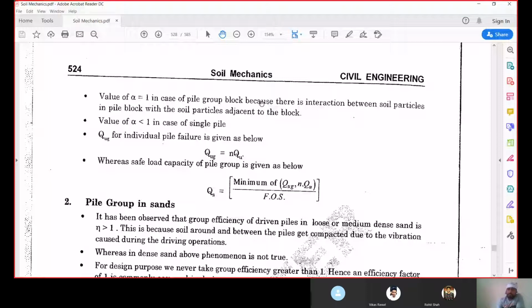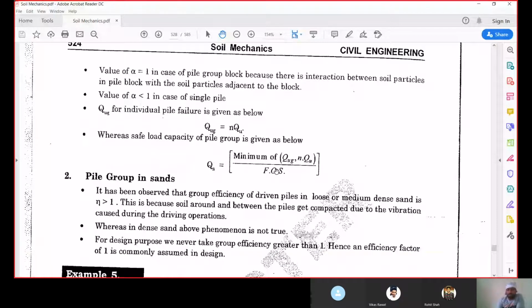We take the minimum value of the group action or the individual action. The minimum value will be the ultimate load capacity for that particular pile group. Now, when we have to compute the safe load capacity, this is the minimum of Qug and nQu. Based on this, we divide by the factor of safety in order to get the safe load.